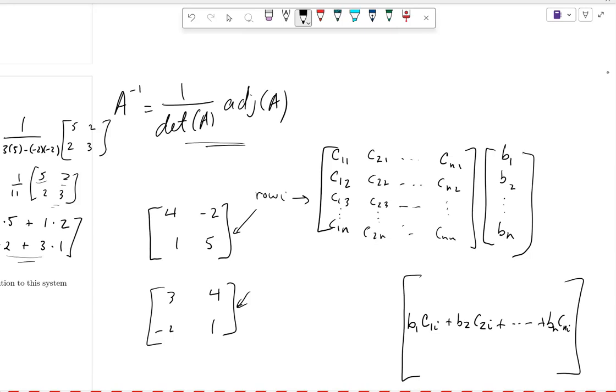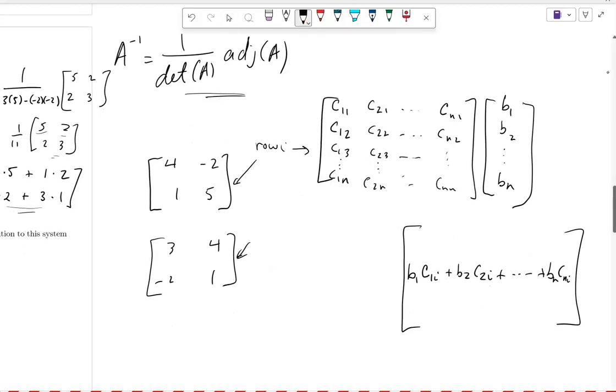The i is referring to the row of the adjoint matrix. I'm trying to correspond it back to the original. Okay. All right. So in any event, this is row 1, column i, row 2, column i, and so on down the line. So if you think about from the determinant, I've expanded along which column?